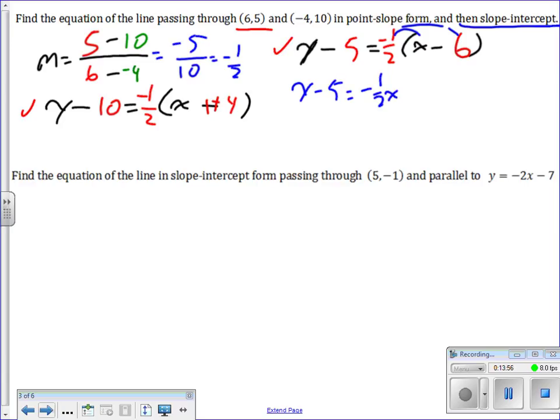Negative 1/2 times negative 6. Negative times negative is a positive. Half of 6 is 3. Right? Now I need to get y by itself, so I add 5 to both sides. Y equals negative 1/2 x plus 8.